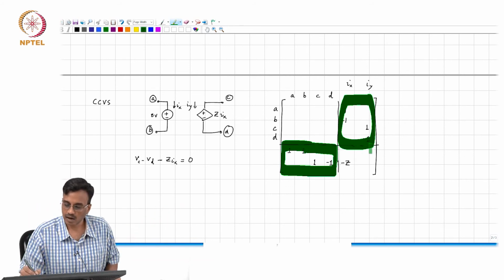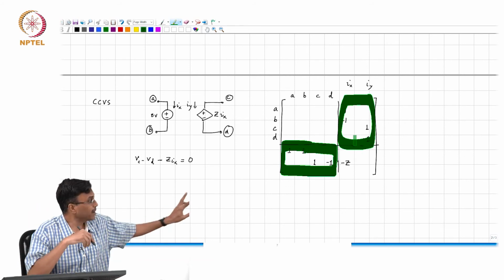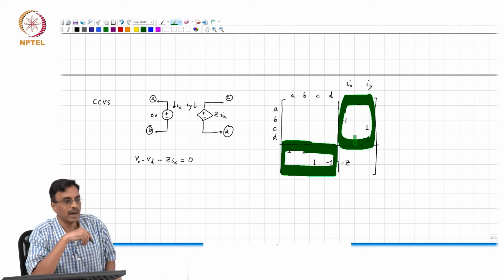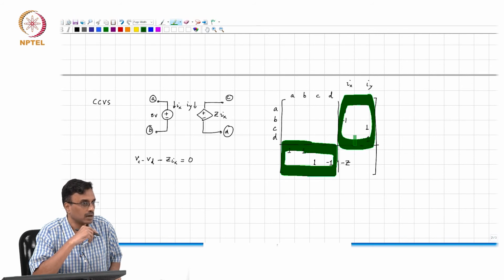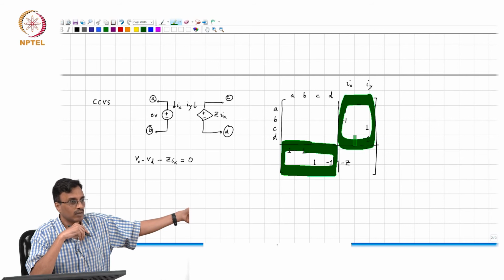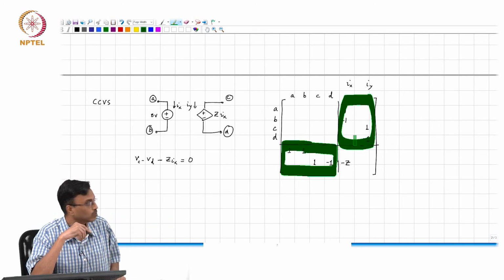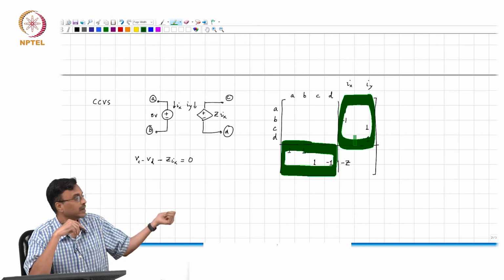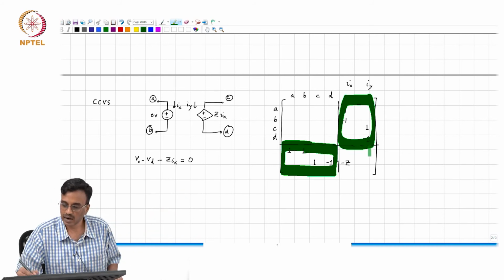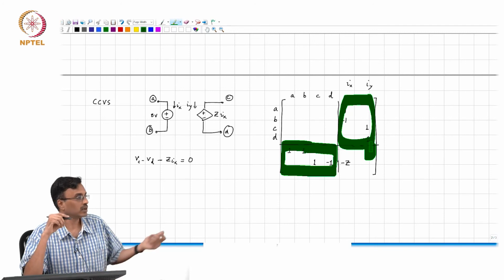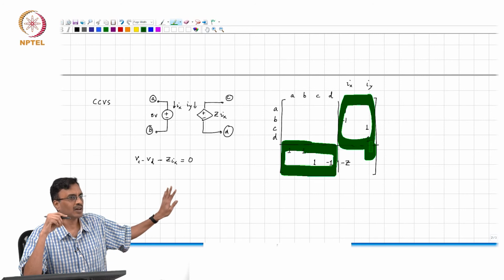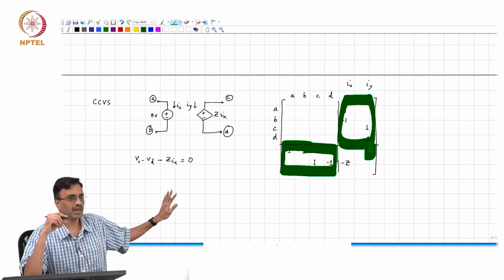If I flip the controlled and controlling ports, what will happen to that last entry, minus Z? Which row will it enter now? It will enter here, and therefore by flipping the ports, what you basically have is the transpose of the MNA stamp.